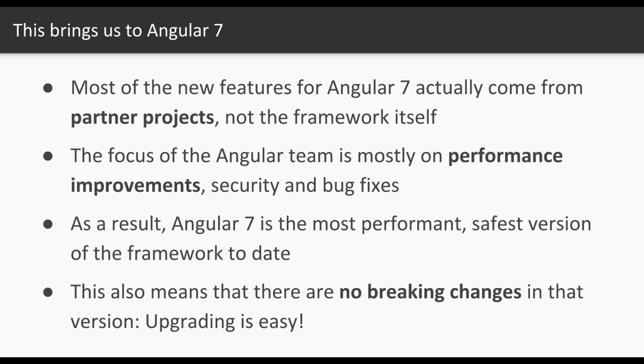So that's really the focus of the Angular team. That's really been there for quite a while now. Since the release of Angular 2, they've been focusing on improving the framework in terms of performance for the most part. As a result, Angular 7 is the most performant and the safest version of the framework to date.